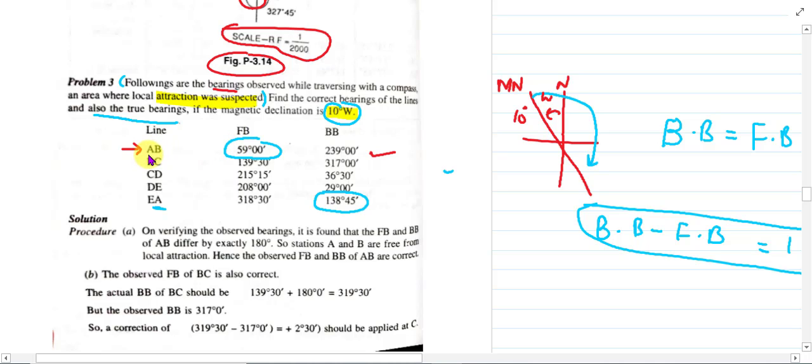So in the case of AB, the forward bearing will be taken at station A, and in case of the back bearing of line EA, that will be taken from station A. This is the first thing you have to understand. The second thing you have to mention in this question is that your B station is also correct. So the back bearing of line AB, which is taken from point B, is also correct, and the forward bearing of line BC, which is taken at station B, is also correct.